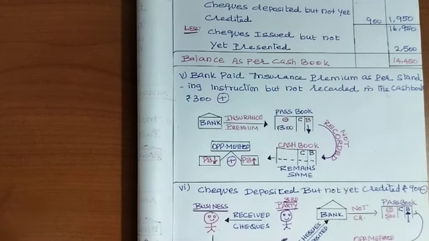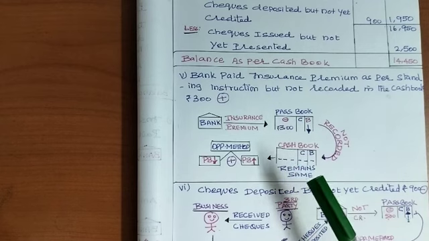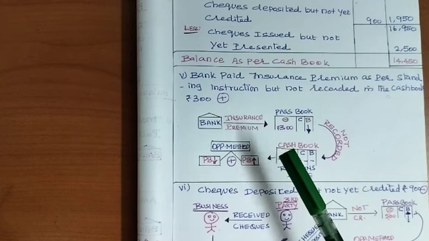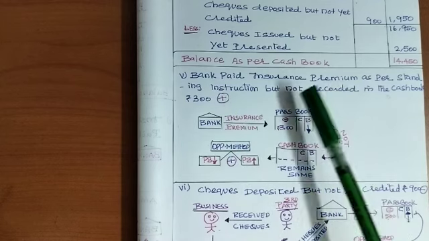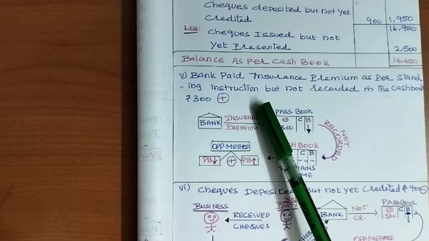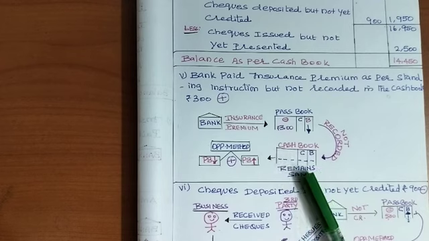Why? Because the business accountant doesn't know that the bank has paid the insurance premium as per the standing instruction.